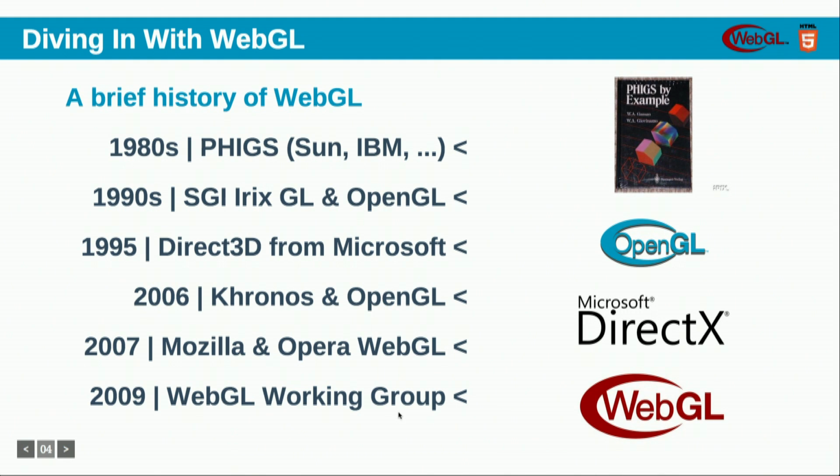Coming into the 90s, SGI started to really do well selling their graphics workstations. On their side, they had put together the Irix graphics library. And in the early 90s, they decided to open source that library and started OpenGL. That's really where it comes from.